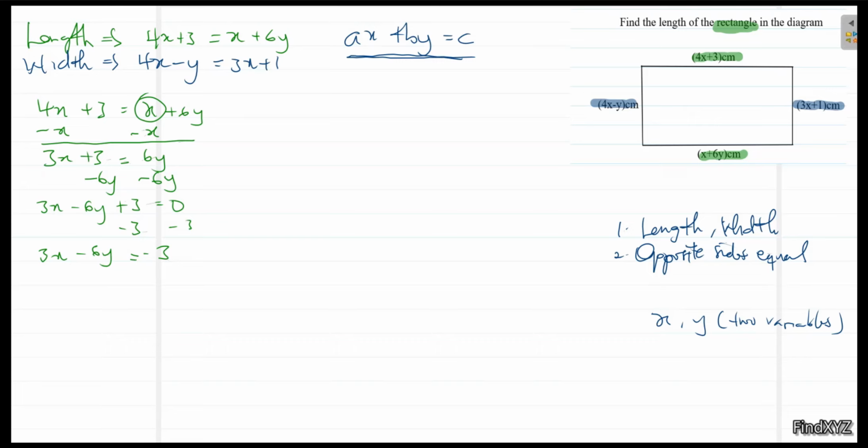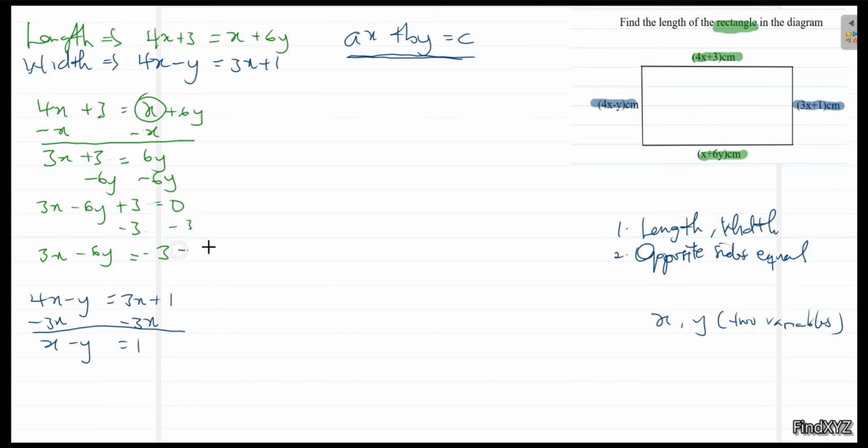Then let's arrange the width equation in this format. So we have 4x minus y is equal to 3x plus 1. 3x is on this side of the equation. The right hand side is positive, so we subtract 3x from both sides. We have x minus y is equal to 1, which is arranged in the format that we want.